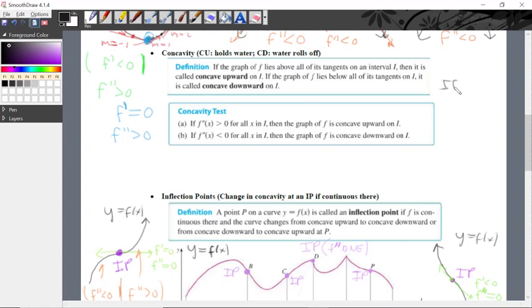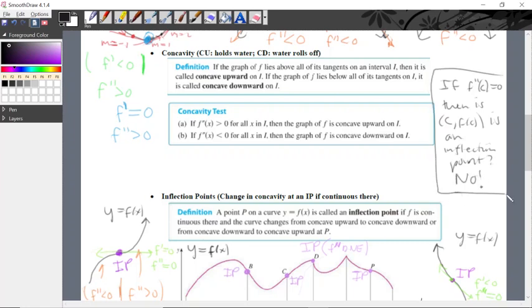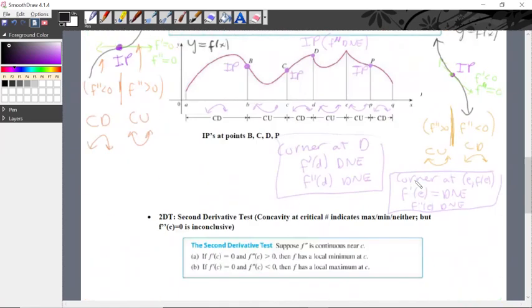If f double prime of c is equal to 0, does that guarantee that f of c is an inflection point? Is it a guarantee? And the answer to that is also no. It does not guarantee that it is an inflection point.